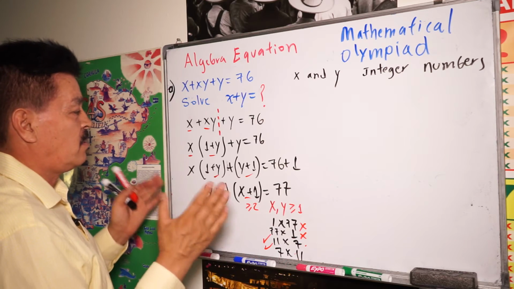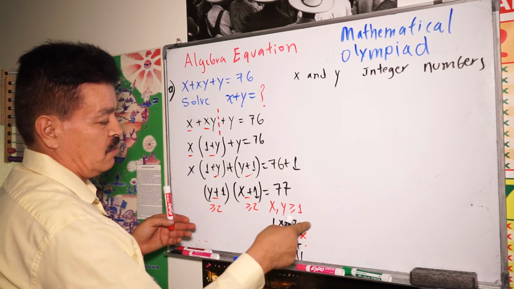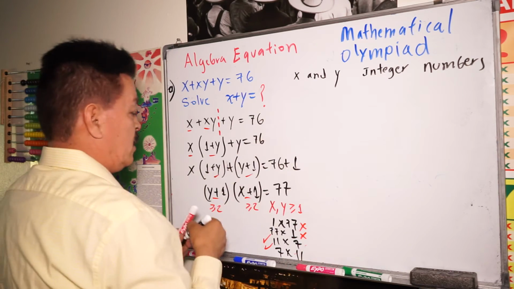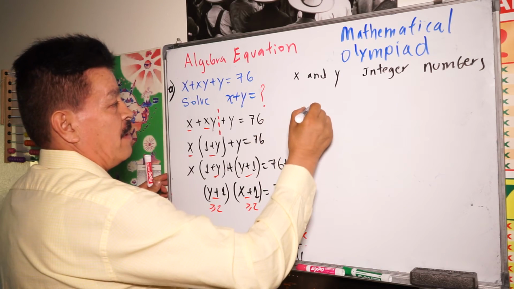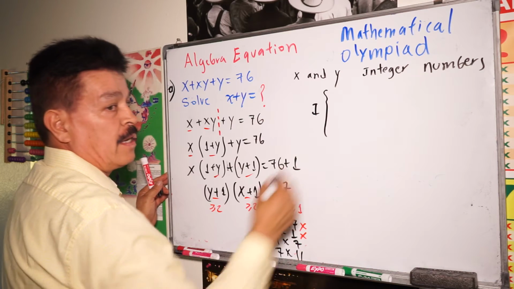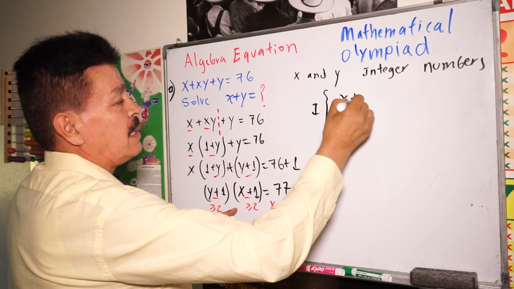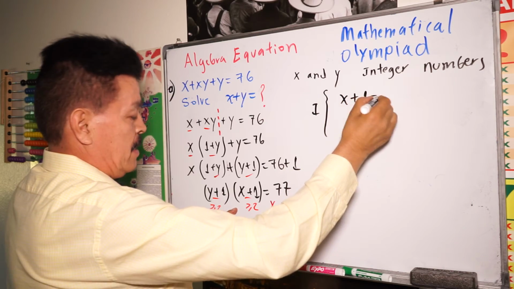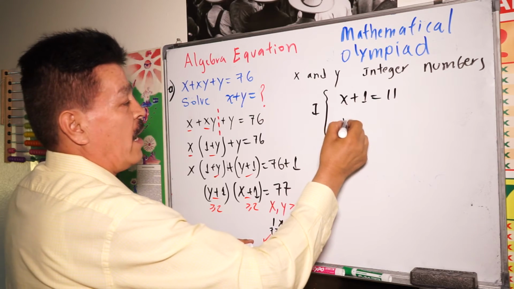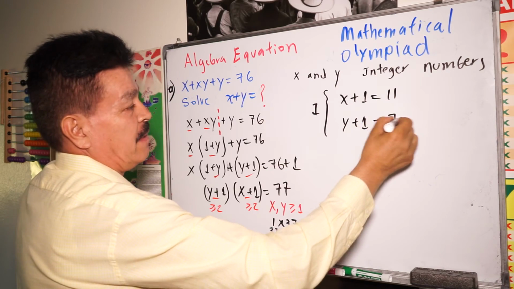So now we have to divide into two different parts, since we have these two factors. First, x plus 1 equals 11, right? We have to use 11. And then y plus 1 should be 7, right?